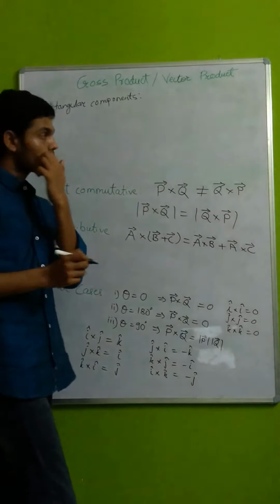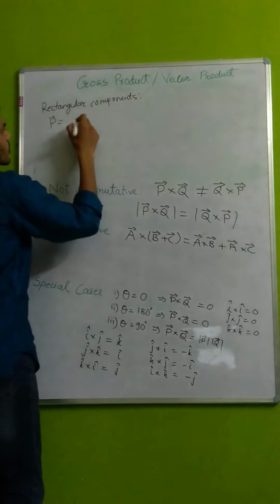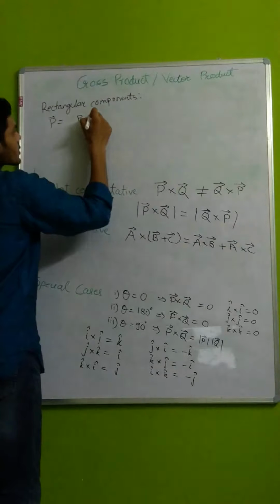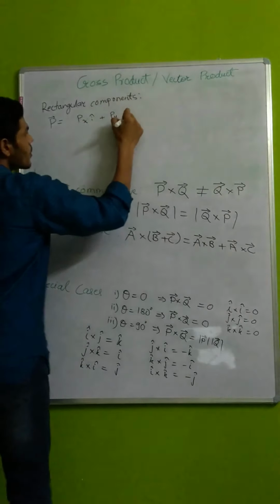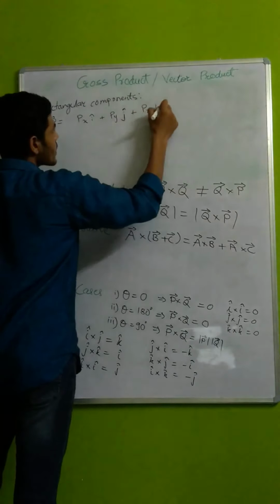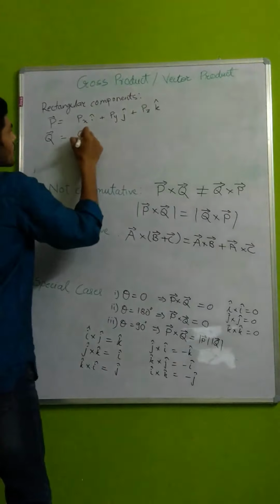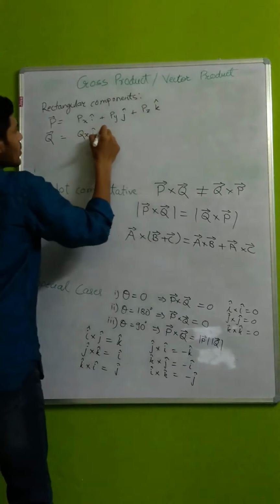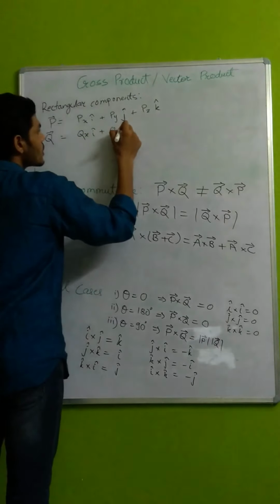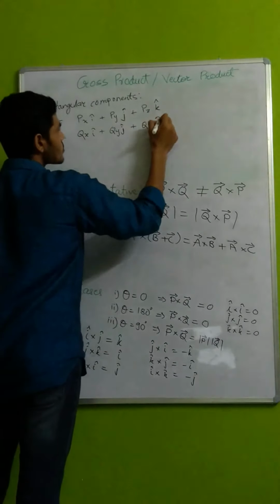So just like in dot product, we write P vector as Pxi plus Pyj plus Pzk, and Q vector will be Qxi plus Qyj plus Qzk.